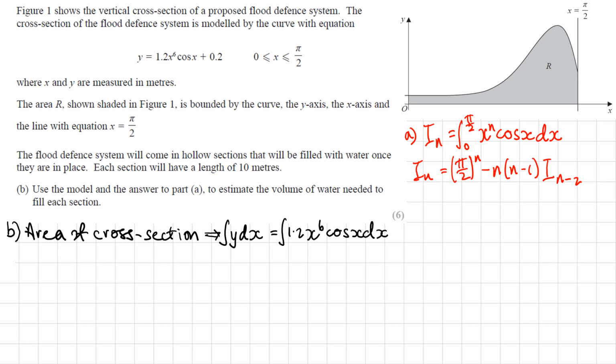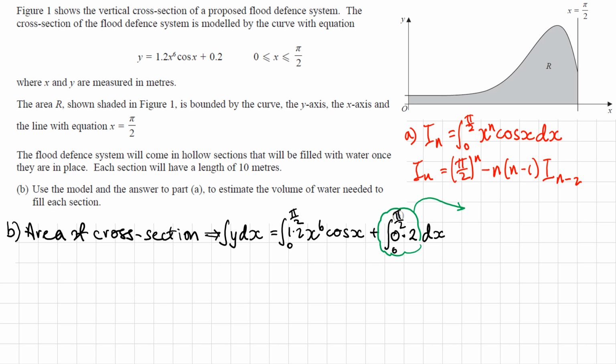Then we've got this plus 0.2, but I want to match this up to what I had in part A, so I'm going to separate that and put plus 0.2 dx, and then put my limits in, 0 to pi over 2. Now what I'll do is work out this part separately, put that to one side and add that onto my answer at the end.